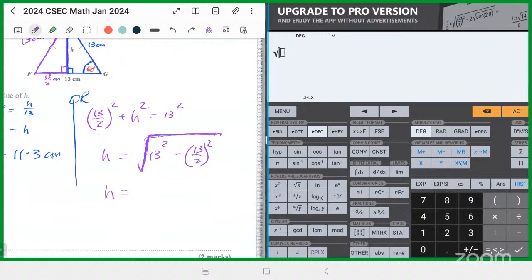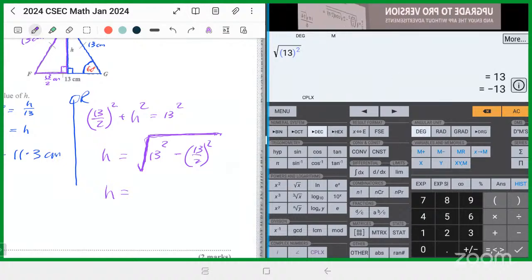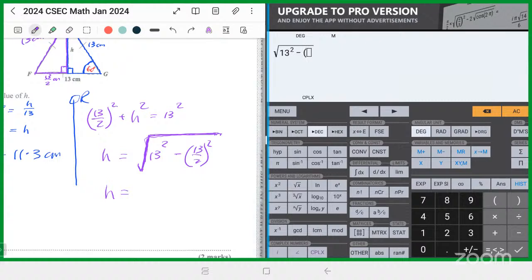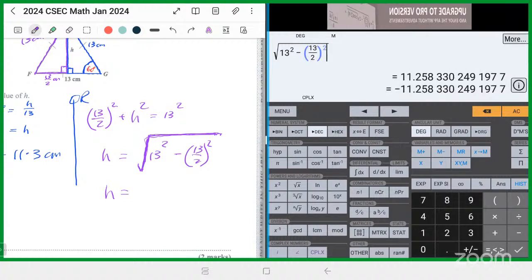So it becomes the square root of 13 squared minus the fraction 13 over 2, as I said, we could have put 6.5, squared. No, not times 2, squared. Yes, we get the same answer, 11.25.